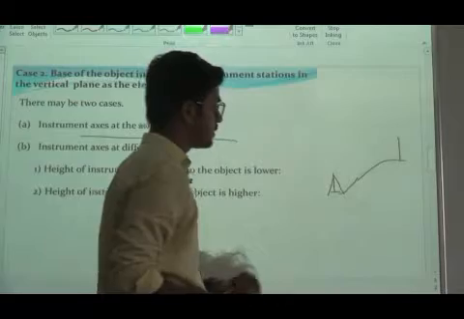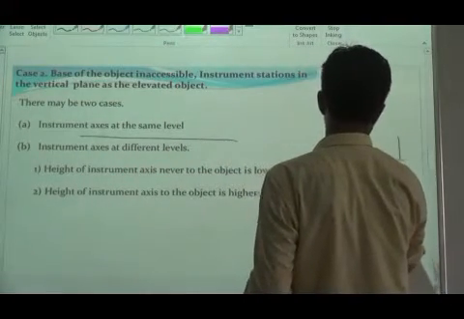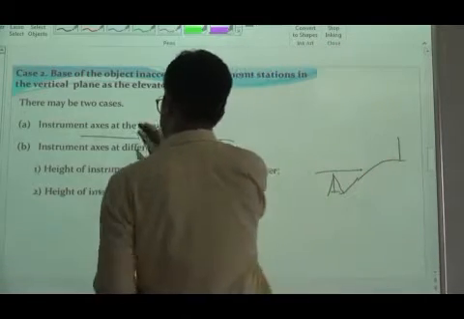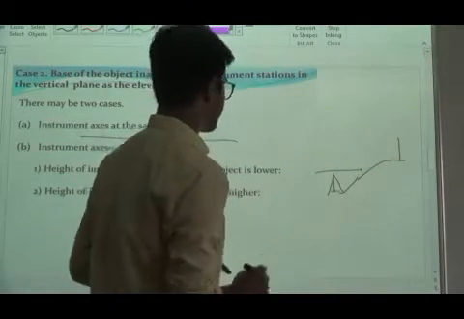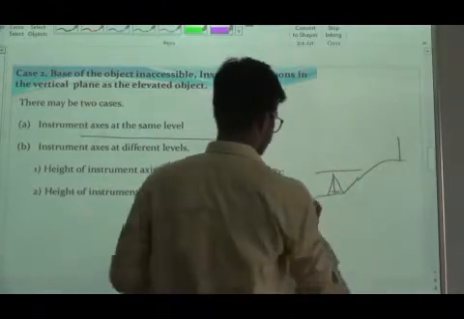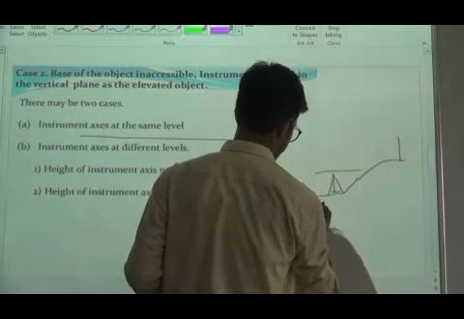In this undulating plane, we will not be able to set both instruments on the same level, that is, the height of instrument will be the same. Suppose the BM is here.